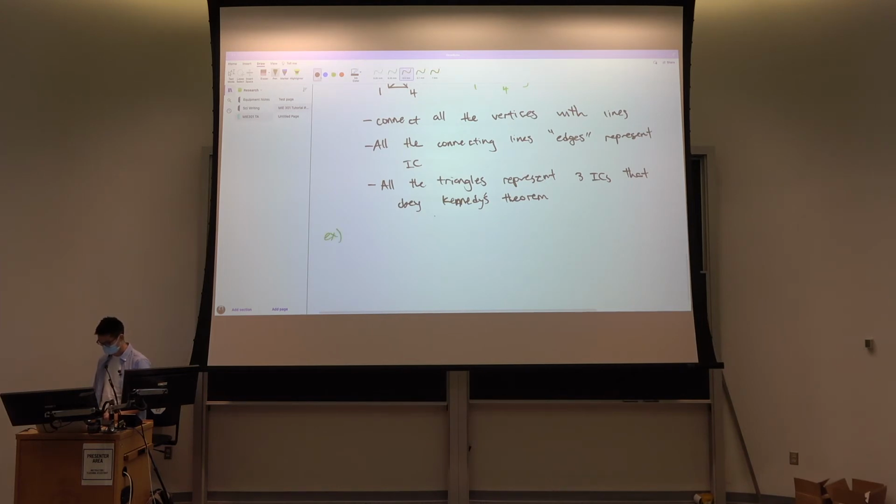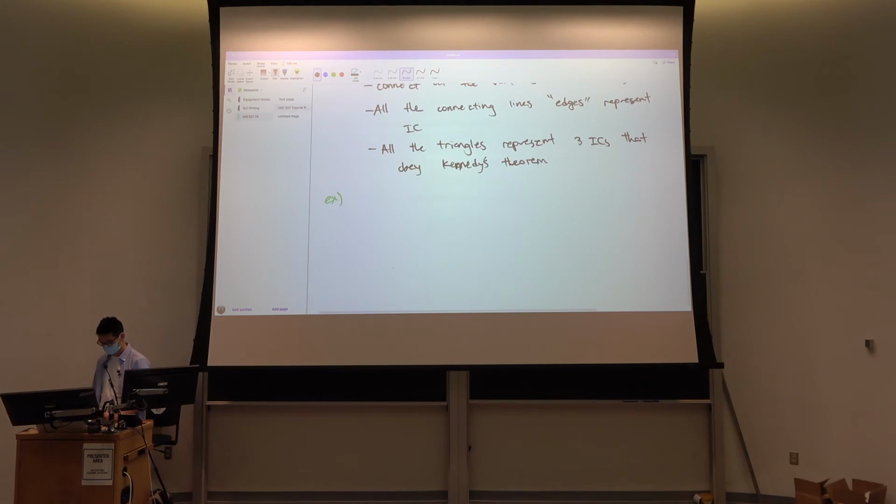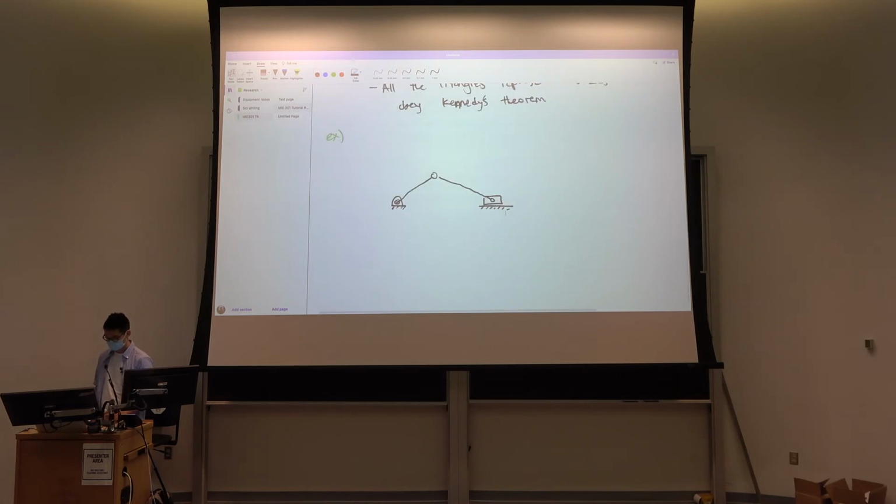So here's an example. It's a slider crank mechanism. Okay, so we have this slider crank mechanism, and we had our procedure from before.